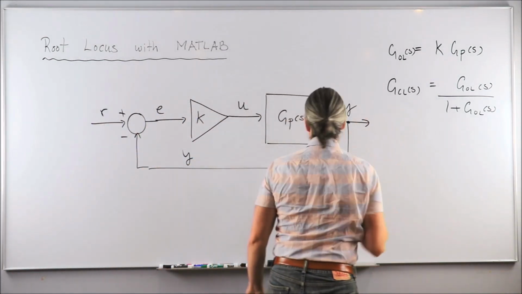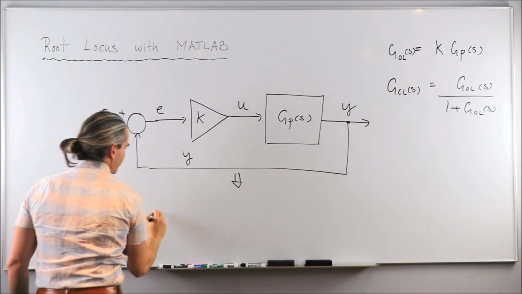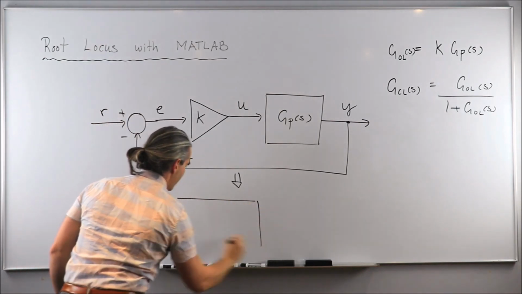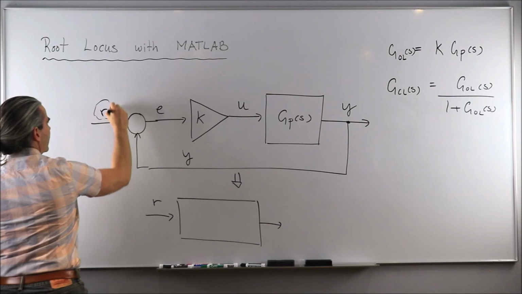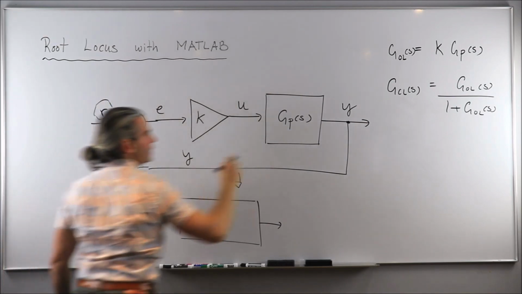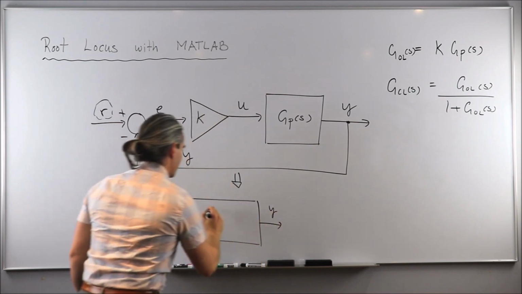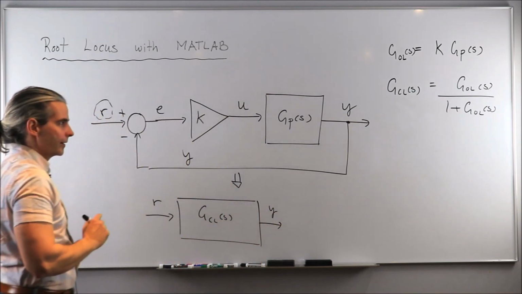So that was our closed loop transfer function, meaning that the system can now be represented by a single transfer function that does the mapping between this, what I call global input R, and Y being the global output. Okay? G closed loop transfer function like that.